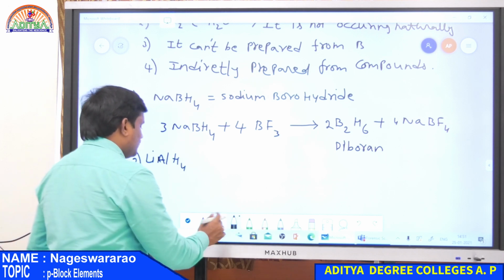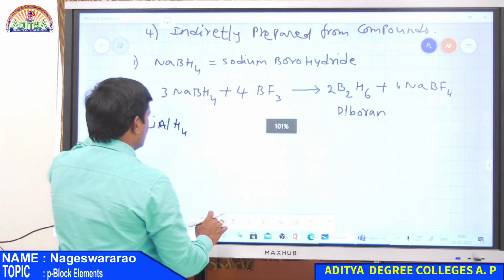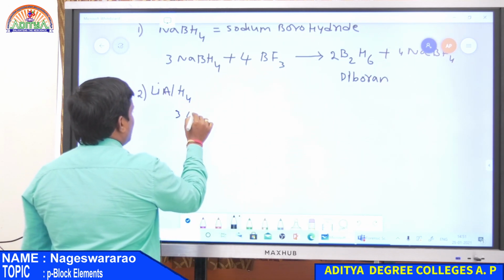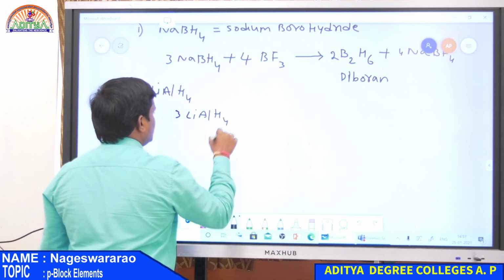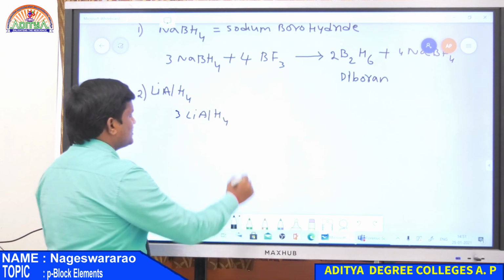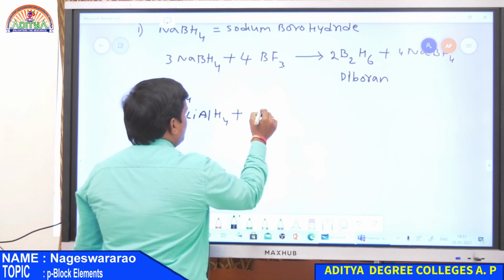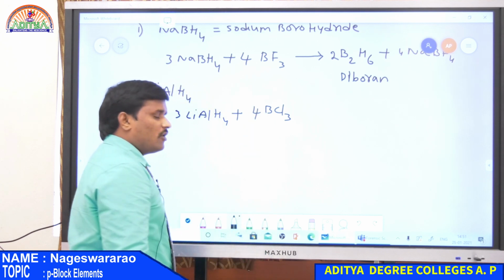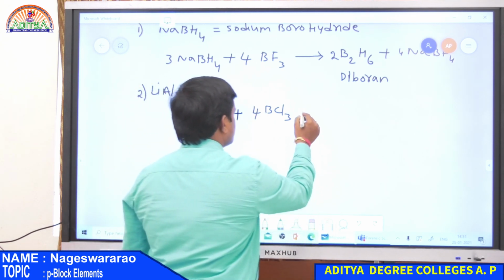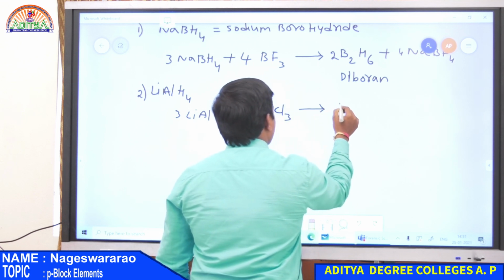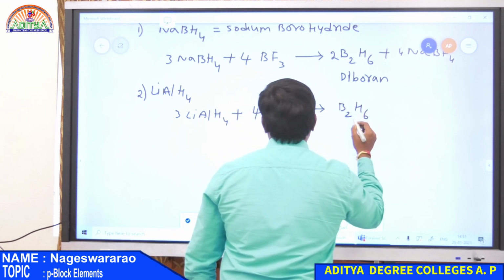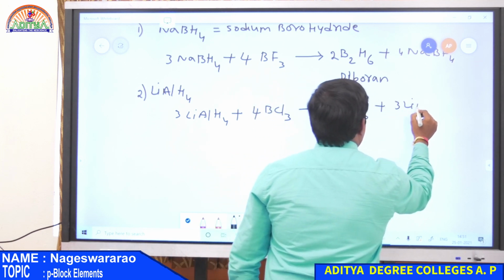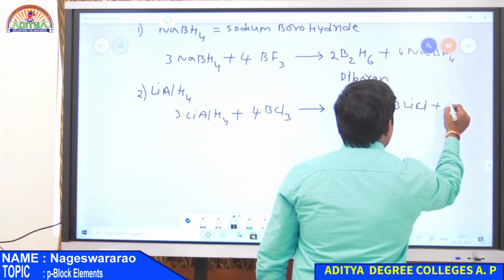So 3 moles of lithium aluminum hydride is reacted with 4 moles of BCl3, boron trichloride, it gives diborane, B2H6, and LiCl and also AlCl3.